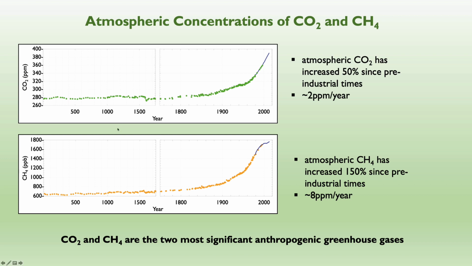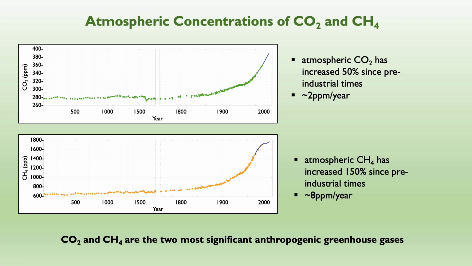And if we consider methane, in pre-industrial times, around 1750, methane was present in the atmosphere at around 720 parts per billion. And it's increased by more than 150%. The concentration of methane in the atmosphere now is about 1900 parts per billion.